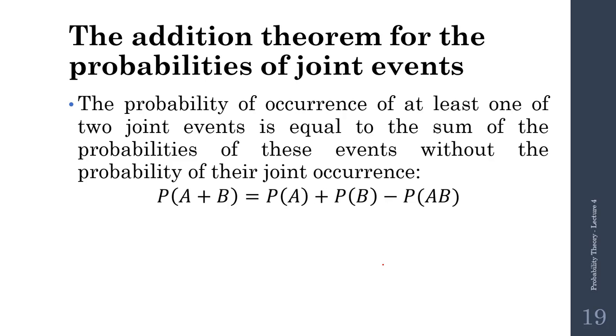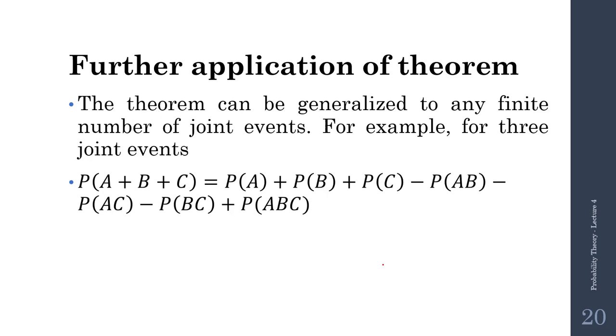So we have to find the difference between the sum of probabilities and their joint appearance. The theorem can be generalized to any number of joint events. For example, for 3 joint events, we can write it like this.